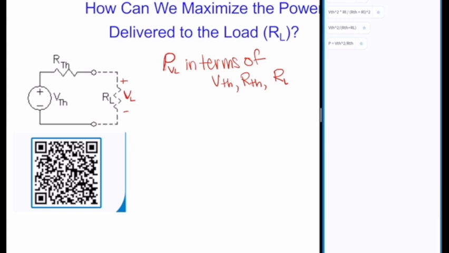Since we're trying to find the voltage here, we're going to move our level.